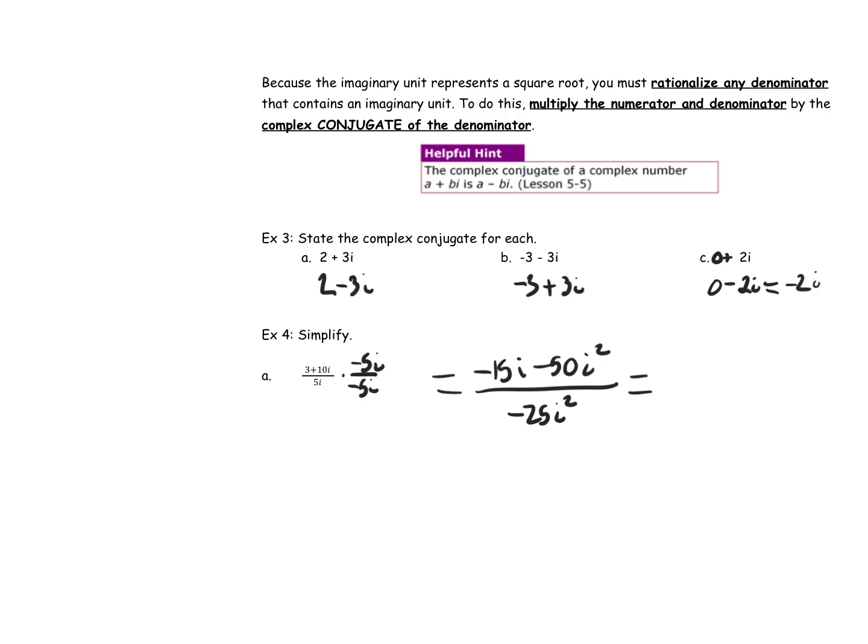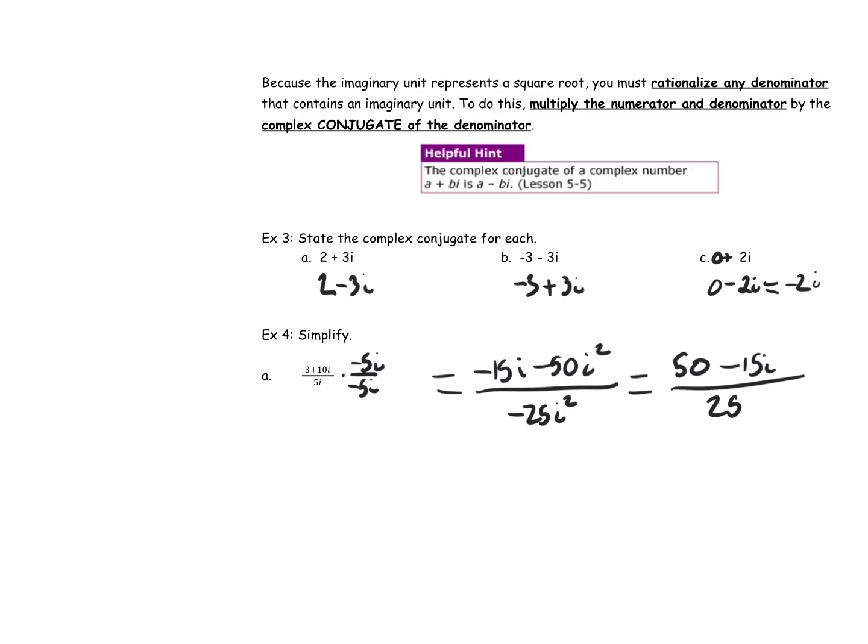Remember that i squared is the same thing as negative 1. So negative 50 times negative 1 is positive 50, and we always write the real part first, minus the 15i over negative 25 times i squared, which is negative 25 times negative 1, so that's positive 25. Now, we can simplify that a little bit.